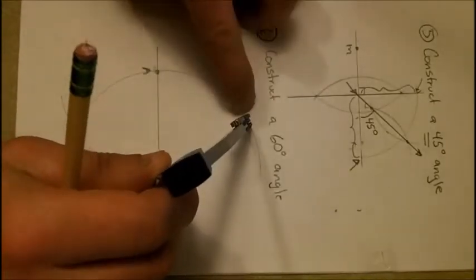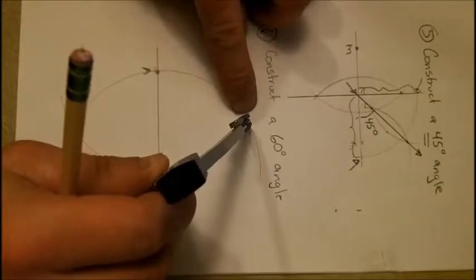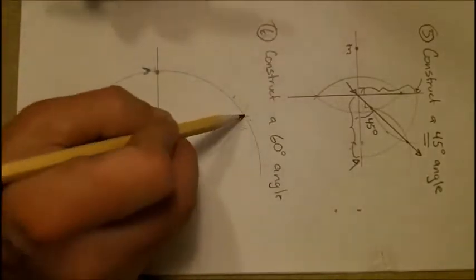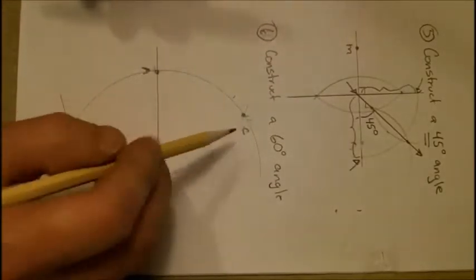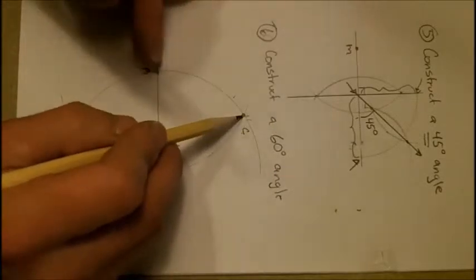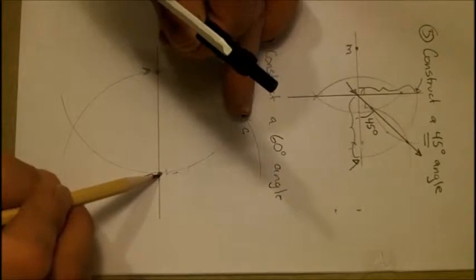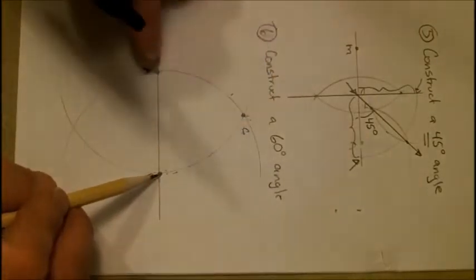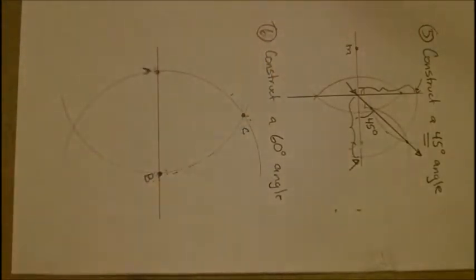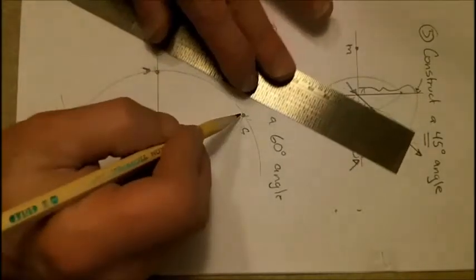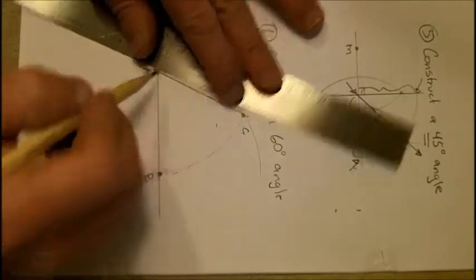So the point at which they intersect means that point C is the same distance from point A as is point B, and the same distance that B is from A. So if I were to draw some lines in here, it might make it more clear.